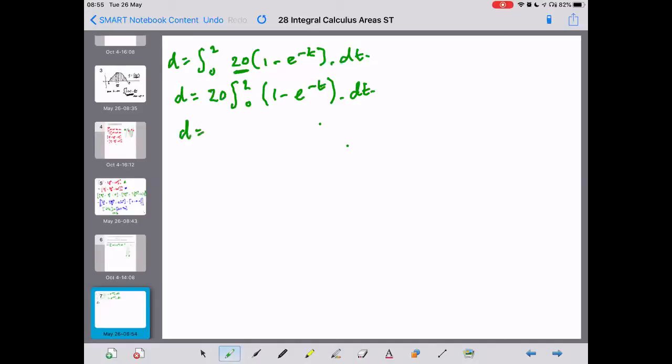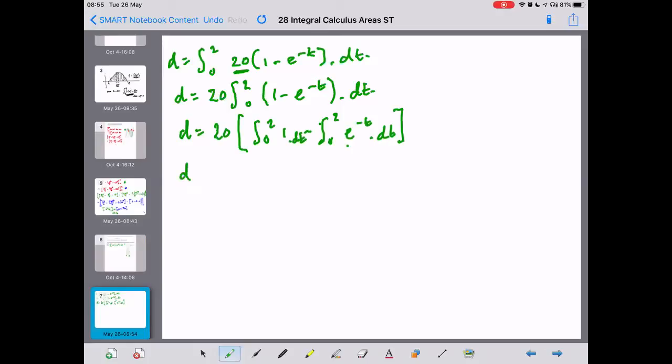So we can say d is equal to 20 times the integral between 0 and 2 of 1, minus the integral between 0 and 2 of e to the minus t dt. Close the brackets.